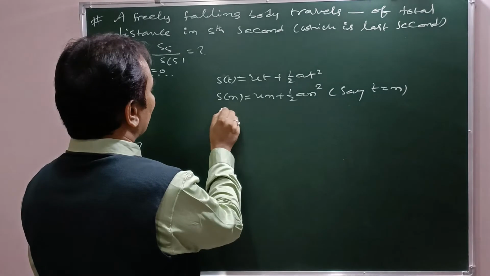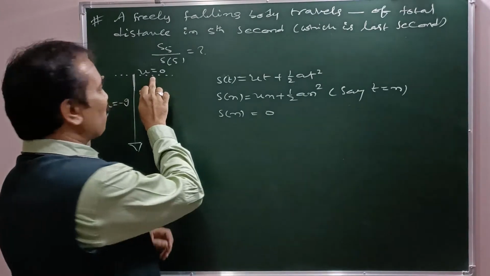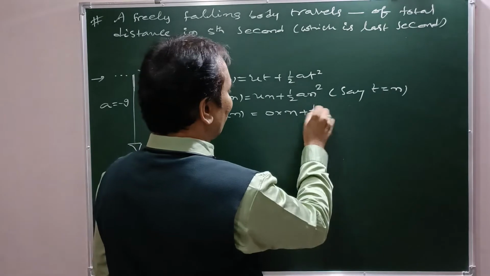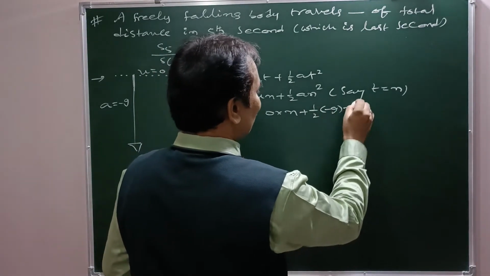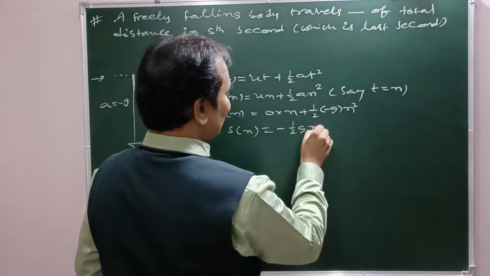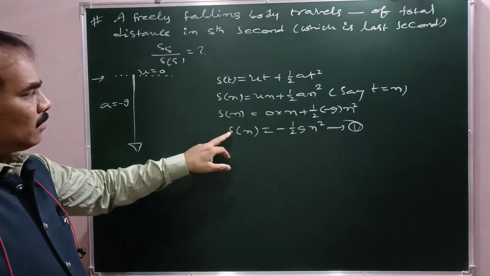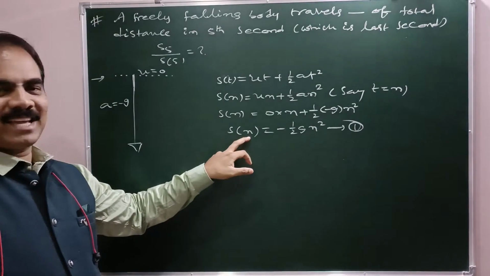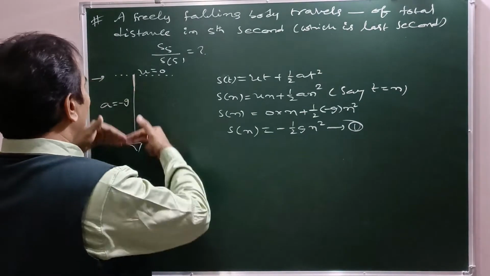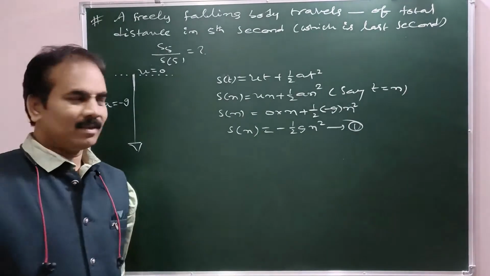Therefore S of n equal to 0 into n plus half, and a means minus g, into n square. So S of n equal to minus half g n square. This is number 1. So displacement or distance covered in total n seconds is minus half g n square. S becomes negative because the body is moving along a vertical line below the reference line.